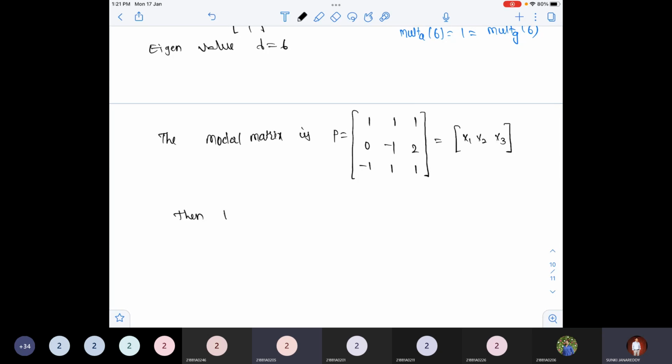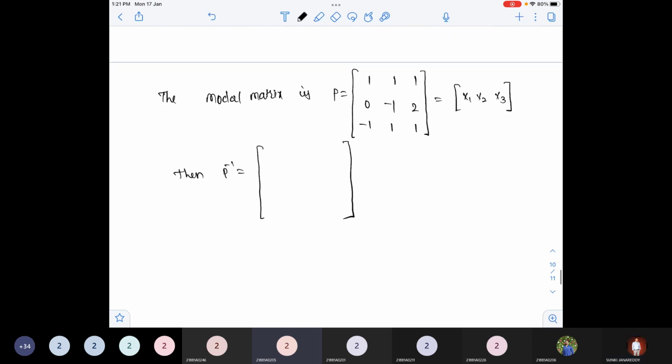You tell me P inverse using the calculator. All of you find P inverse and tell me. Within 5 minutes I will complete this. Plus we can write the diagonalization also. You tell me P inverse.